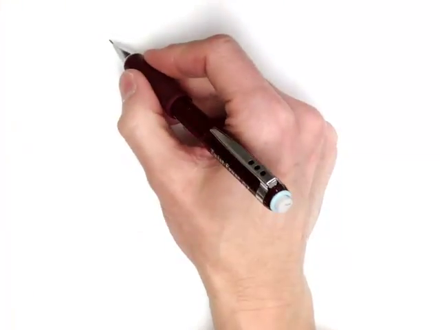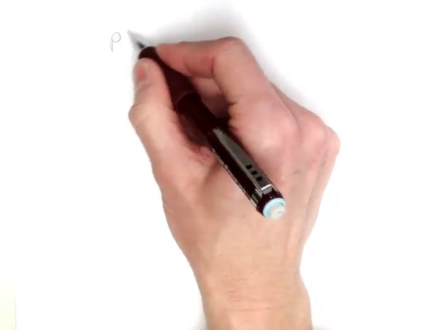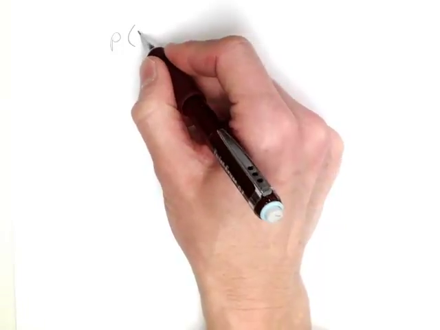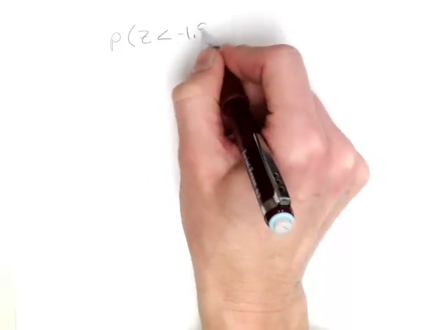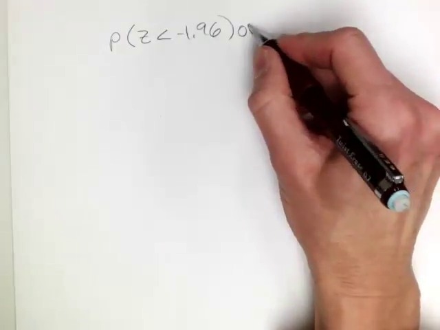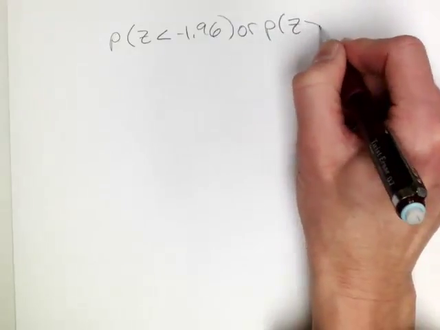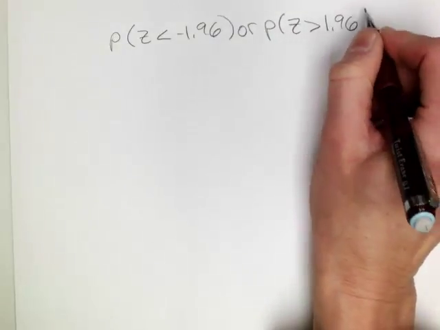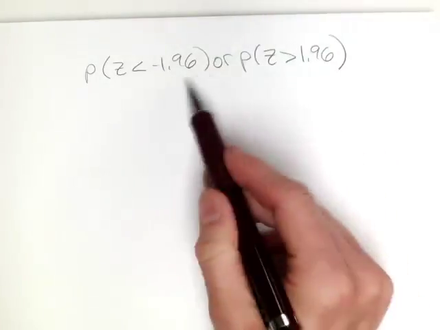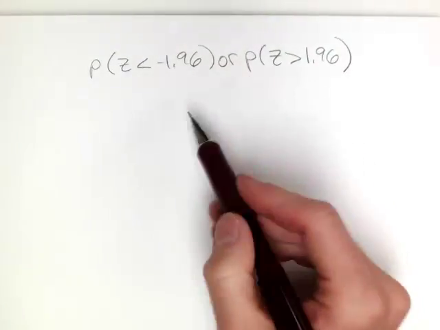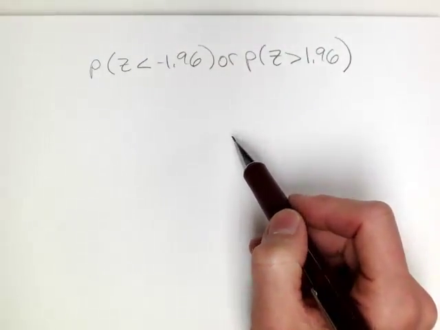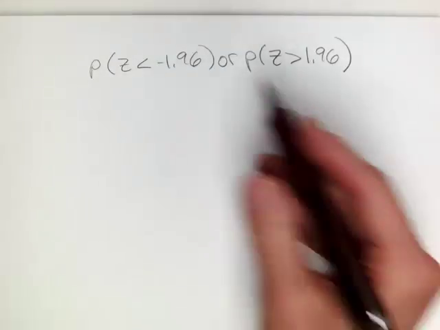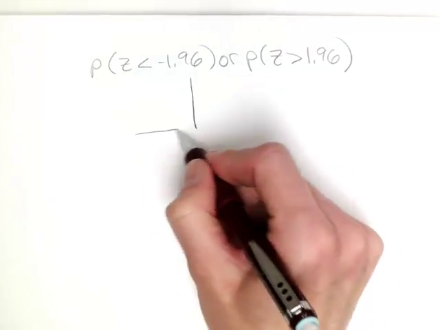So in probability notation, this is going to be the probability z is less than negative 1.96, or probability z is greater than 1.96. Okay, so we have an or case here. Z is not in between those two values. I have two separate mutually exclusive areas.